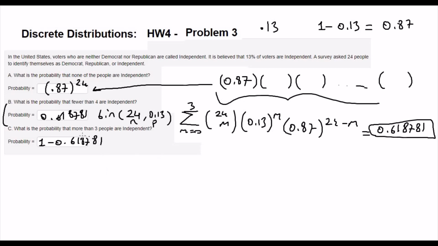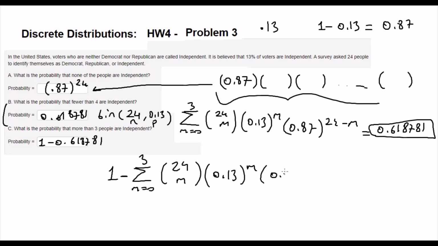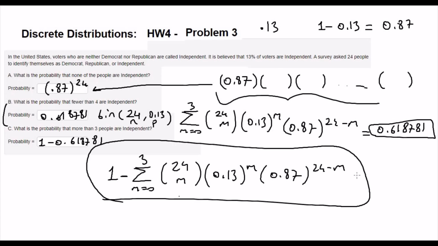We're looking for the probability that more than 3 people are independent, which means 1 minus the probability of 3 or fewer people are independent, which is the sum over m from 0 to 3 of 24 choose m, success is 0.13 to the m, failure is 0.87 to the 24 minus m. If you plug this into your calculator, you're going to obtain 0.381218, or 1 minus the probability of b will give you the answer.